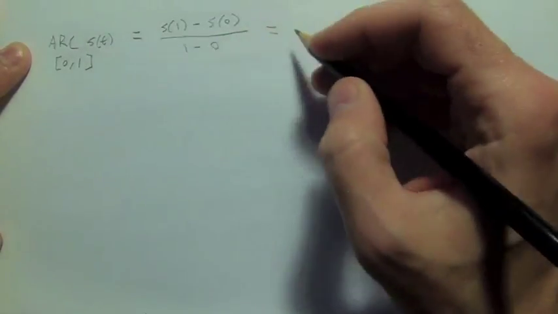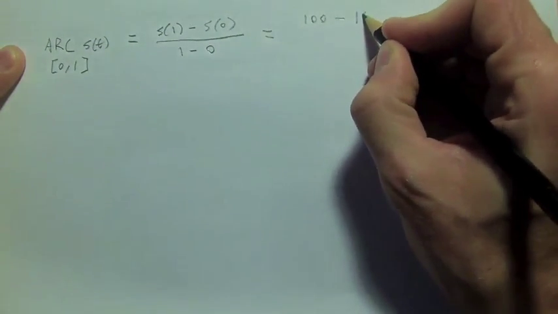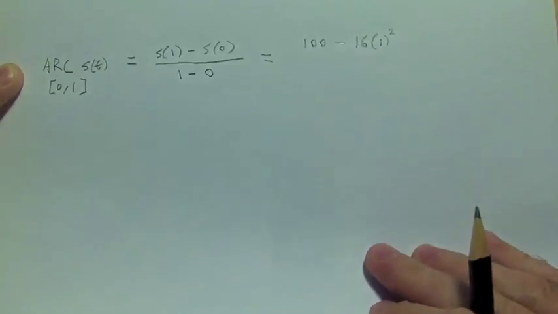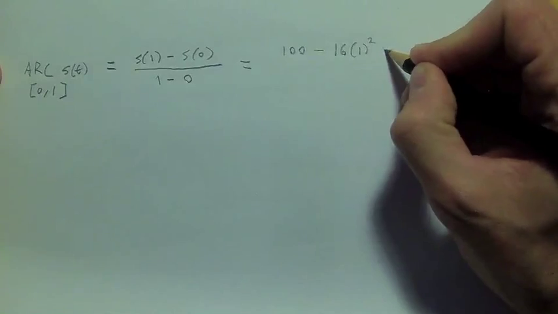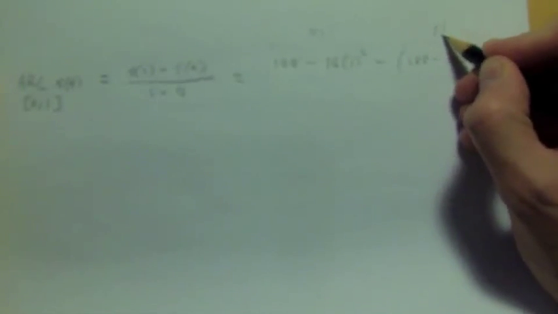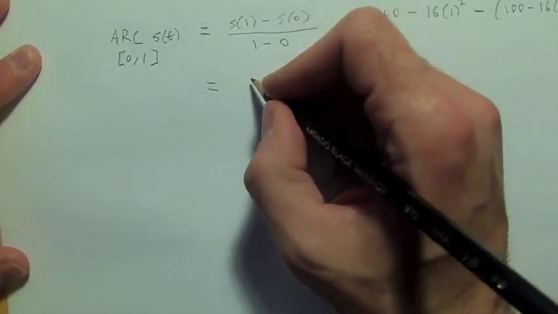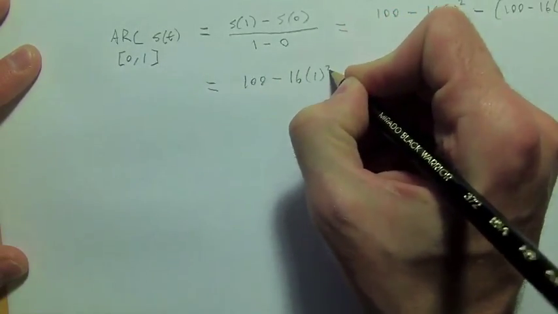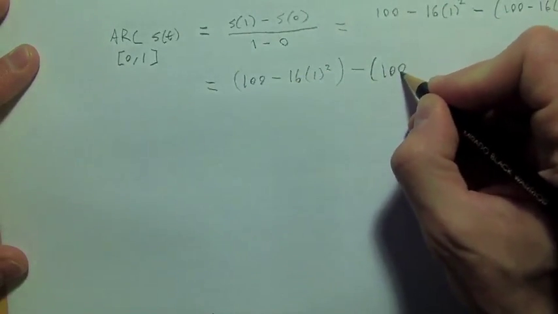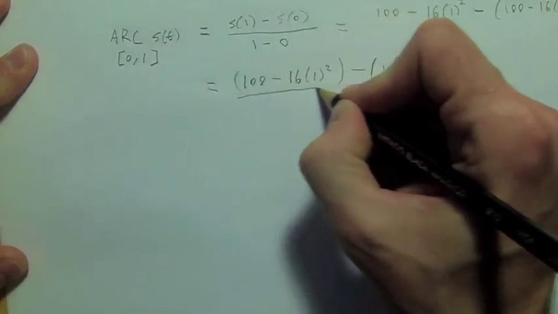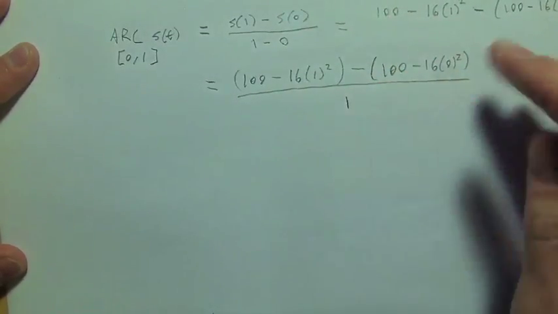So s of 1 will be 100 minus 16 times 1 squared, and let me put that in parentheses, minus 100 minus 16 times 0 squared, all over 1 minus 0, which is just going to be 1.